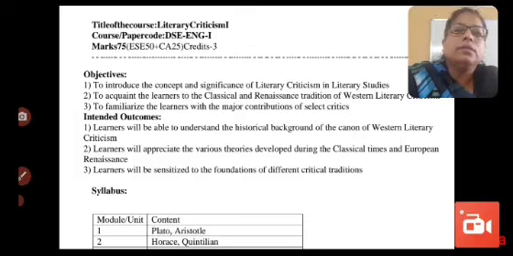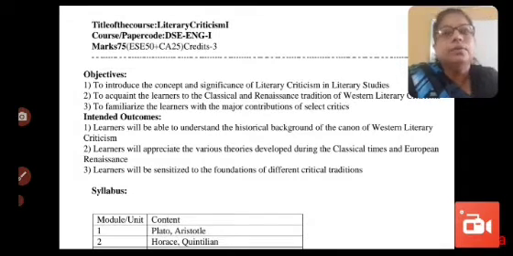And this total of 75 marks gives you 3 credits, because 25 marks is equal to 1 credit.